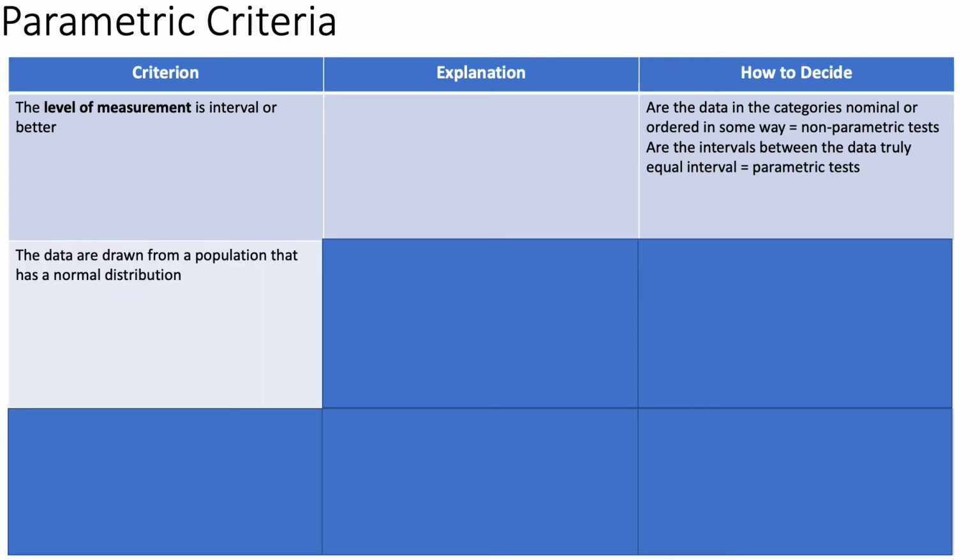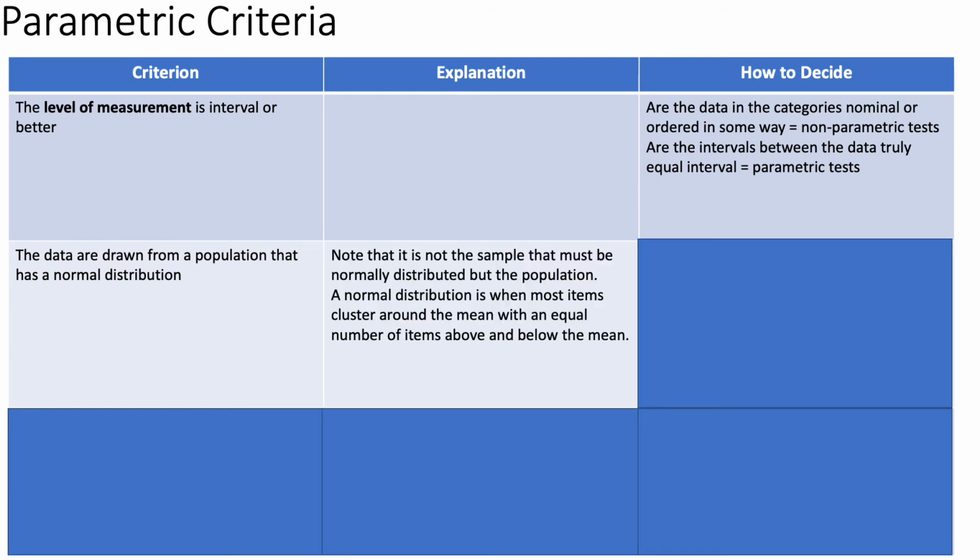The next one is that the data has to be normally distributed, and this is something that we have looked at before. So it's not the sample that has to be normally distributed, it's the data from the whole population that has to be normally distributed. So in other words, the behaviour or the thing that we're investigating has to be normal.